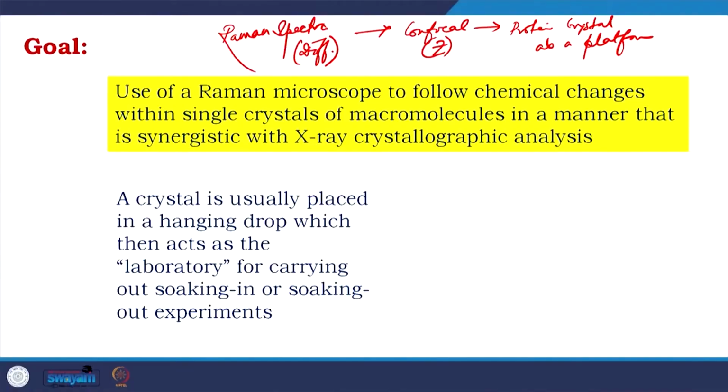A crystal is usually placed in a hanging drop, which then acts as the laboratory, because this is the platform for carrying out soaking in or soaking out experiments. What does that mean?